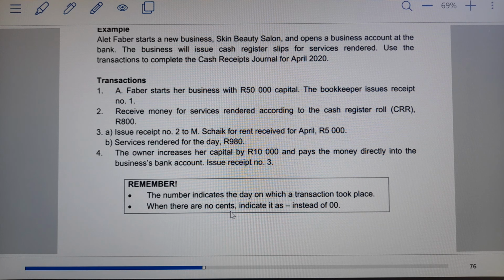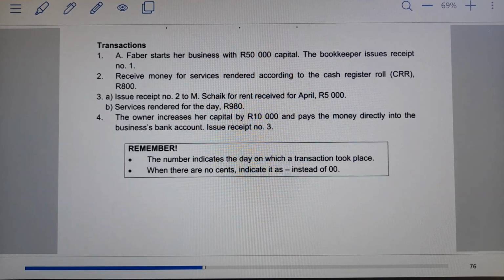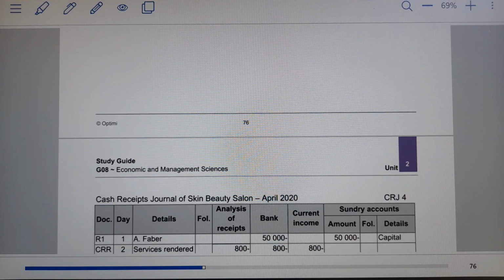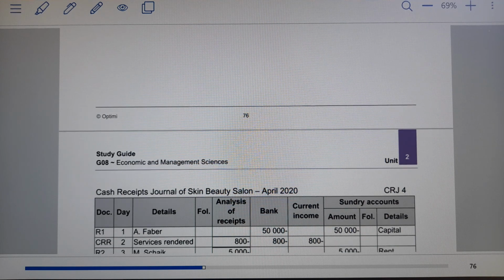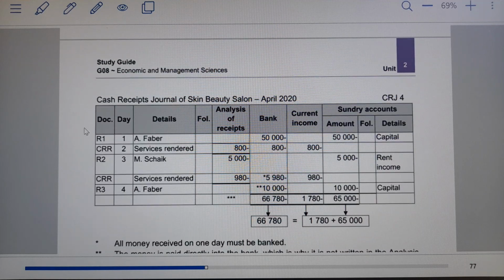Where there are no cents in the money, you must put a dash at the end instead of comma 00. Okay, we've got that. Now, this is the format. Our table will have these headings for the cash receipt journal. Okay, and we have the document for transaction number 1.